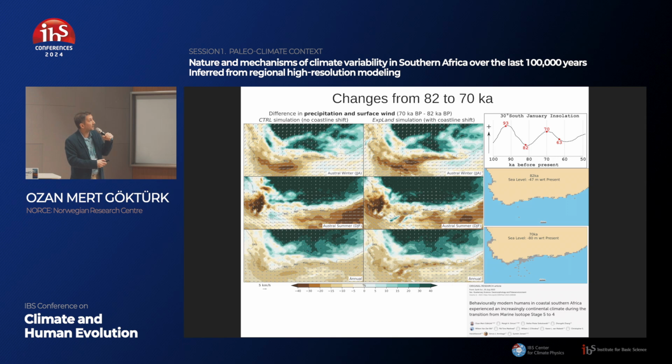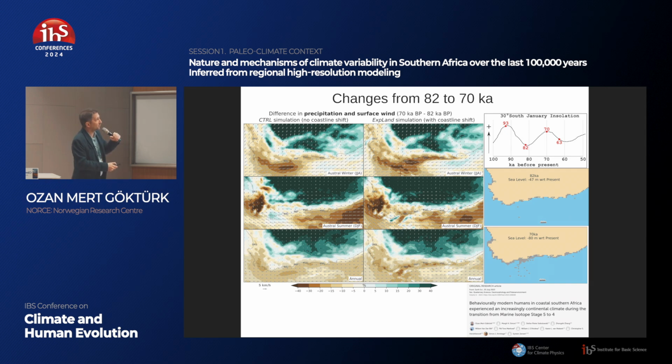But yeah, I think this was shown by Margit already. The right-hand side figures show the changes when we include the coastline change in the model, and the left-hand side figures show the changes when we exclude coastline changes and use only the modern coastline.